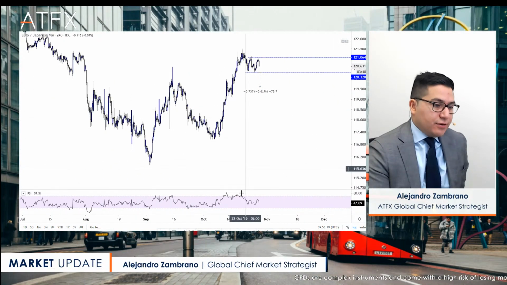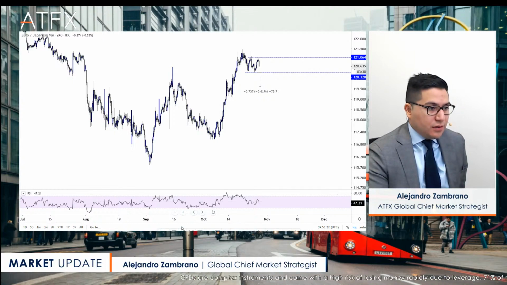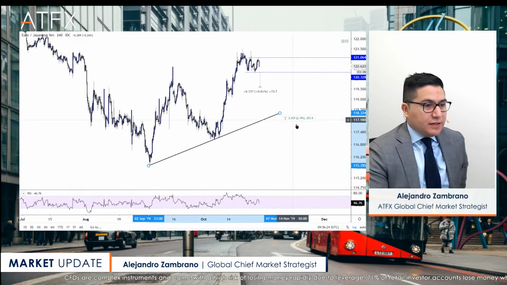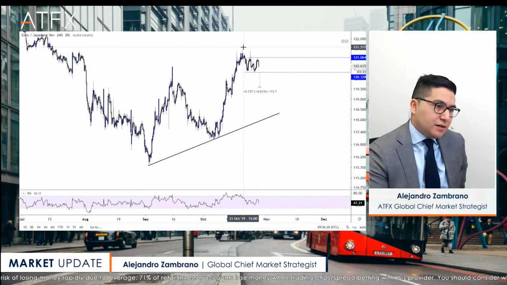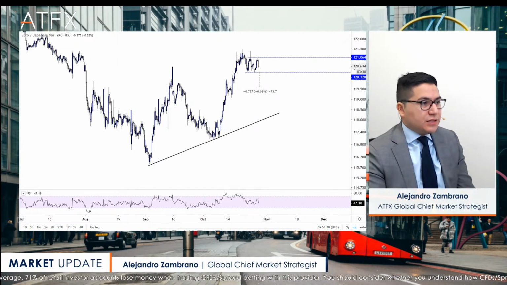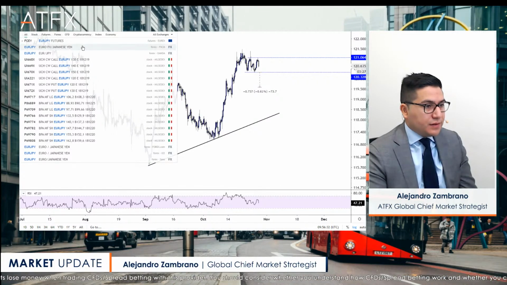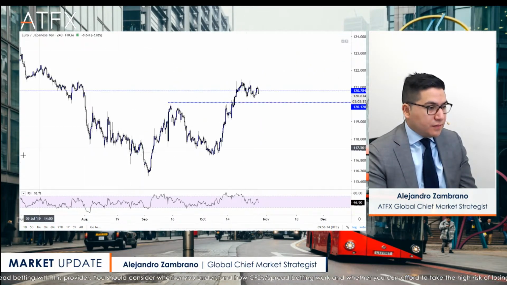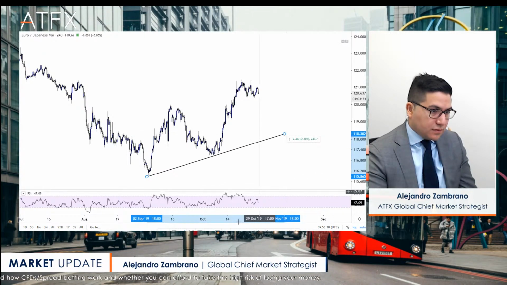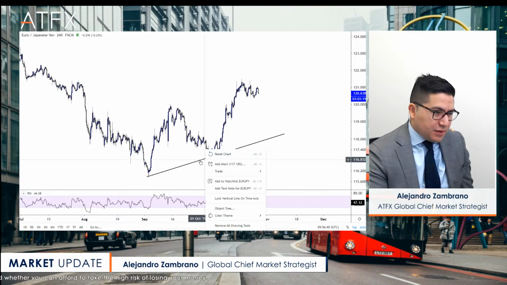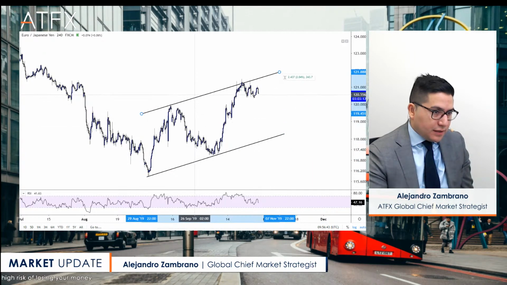I think in general we're obviously in a bit of an uptrend, but let's just change the price feed for a few minutes. There we go. I'm not sure we can draw a parallel line here, but I think we can.